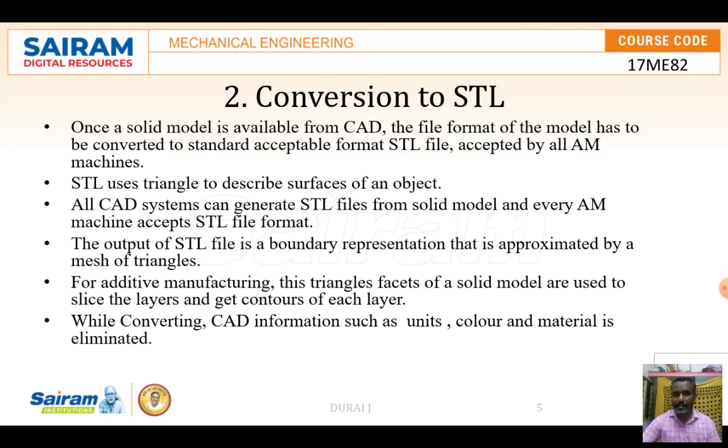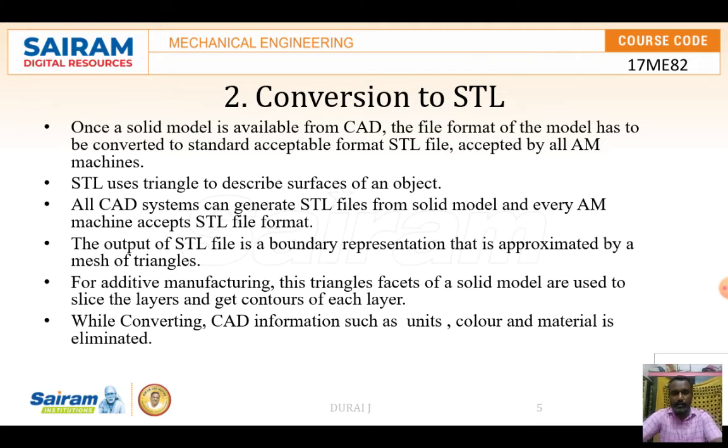STL uses triangles and describes the surfaces of an object. We divide the outer surface of the component into 3D triangular shapes. For every CAD solid model, every AM machine accepts only the STL format, as we have already discussed.